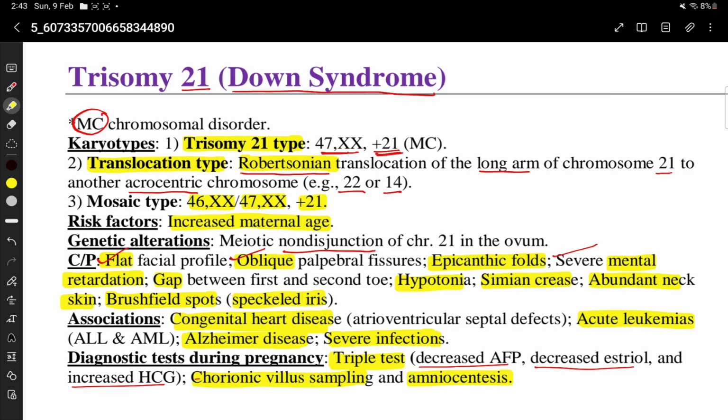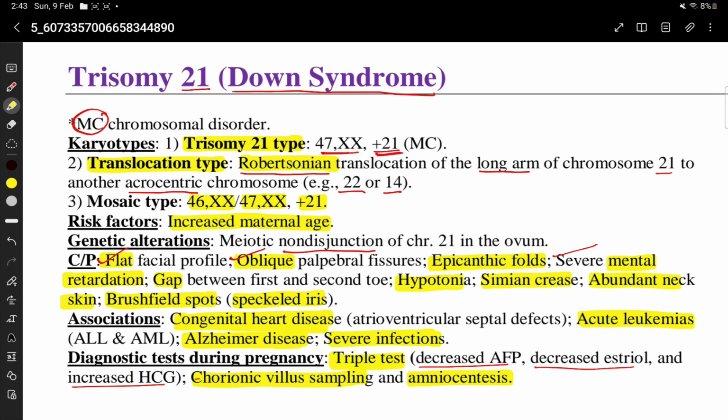Translocation type includes Robertsonian translocation between the long arm of chromosome 21 and acrocentric chromosomes like chromosome 22 and 14. Mosaic type includes 46,XX and some with 47,XX plus 21. The risk factor for Down syndrome is increased maternal age.